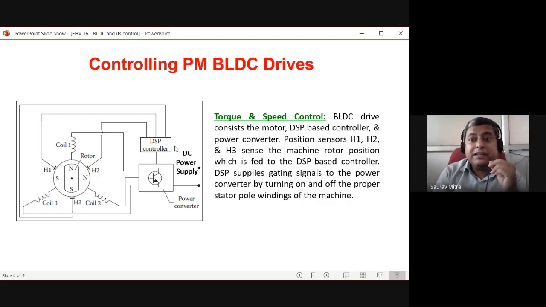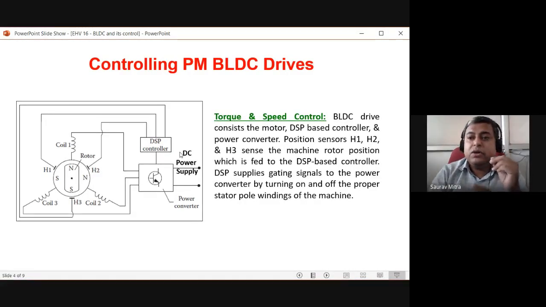And internally the motor has to change its operation accordingly. As per the demand, the motor has to supply. To supply, first the DSP controller has to know the position of the rotor, that means where the permanent magnet pole pair is situated, and how much current is being input to the motor at present by the inverter topology.